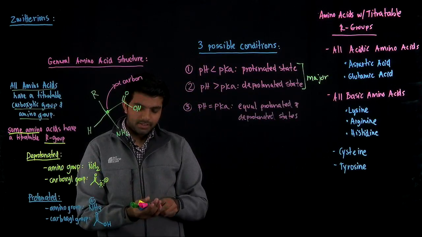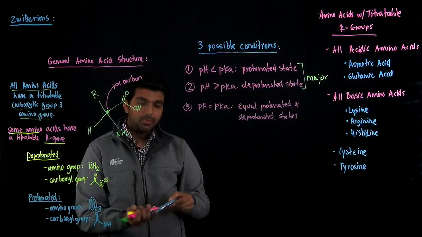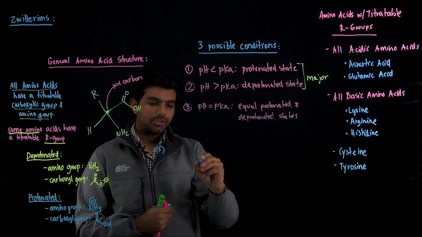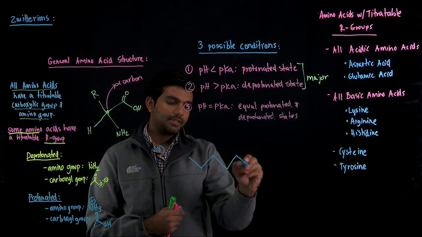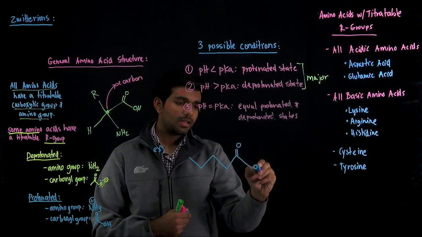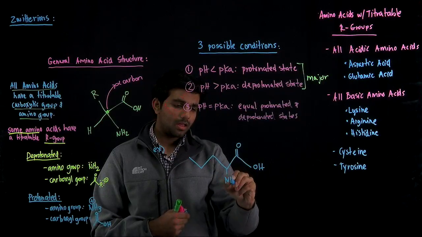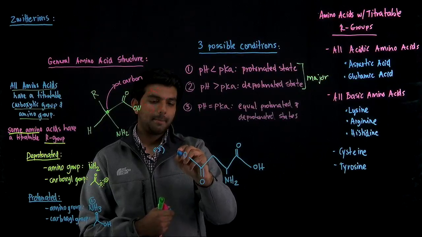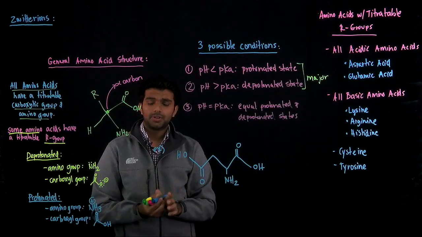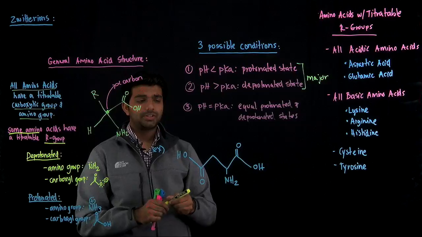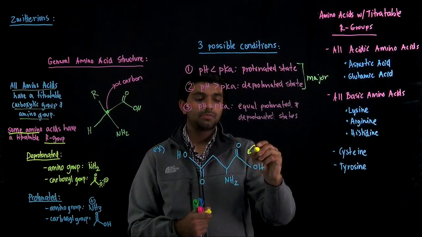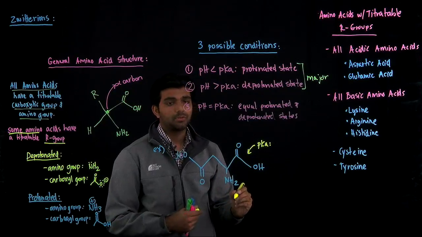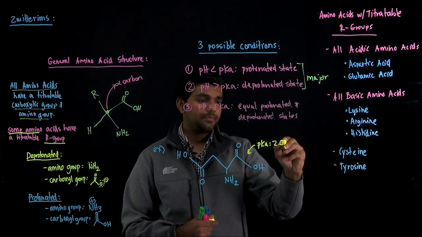Let's put this into application with a practice problem where we're titrating the groups. What we will be titrating is aspartic acid, drawn in its neutral state. It hasn't been titrated yet. Again, what we're doing is comparing the pKa's and the pH's. The pKa's of these groups can be found in the back of your textbook. The pKa of the carboxyl group is 2.09.